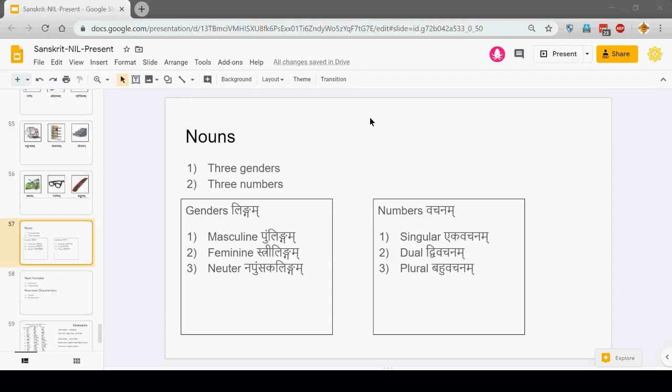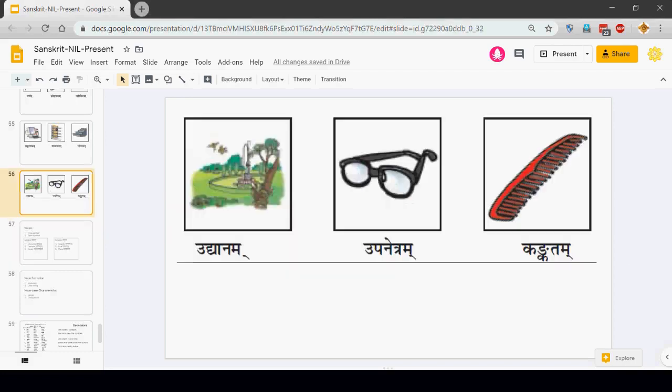So note that the genders are associated with the words, not with the object itself. So in the previous slide, you see the three words here: Udyanam, Upanetram, Kankatam. And what they refer to, the actual objects, are shown here in the picture.